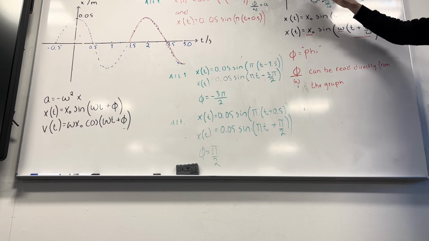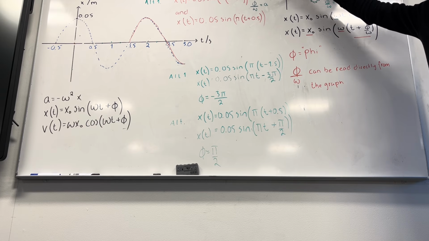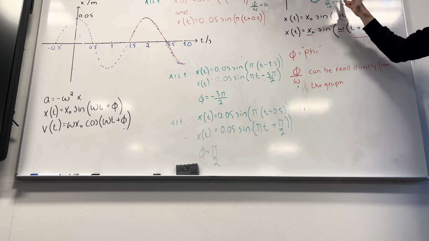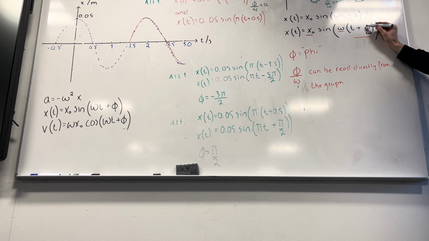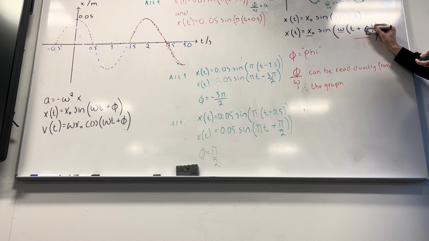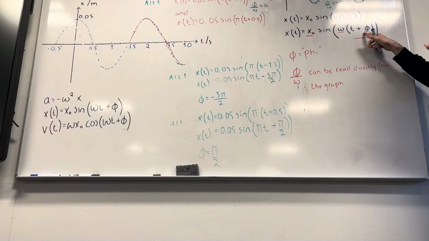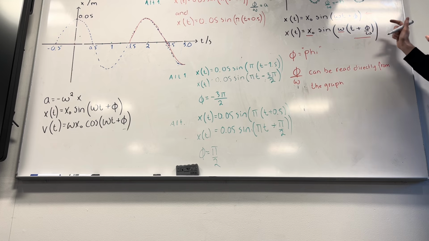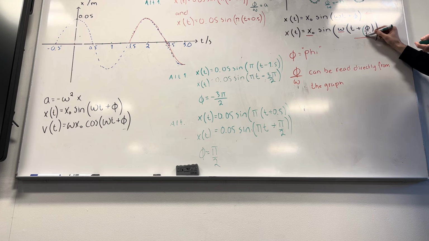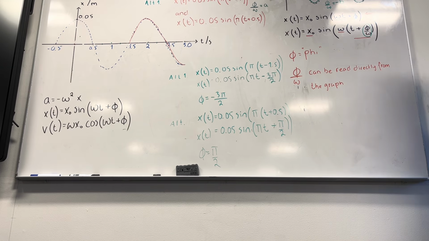But we're looking at displacement versus time. If I take an angle in radians divided by radians per second, I get the unit of seconds. So this one here has the unit seconds, and this one here, of course, has the unit of seconds.